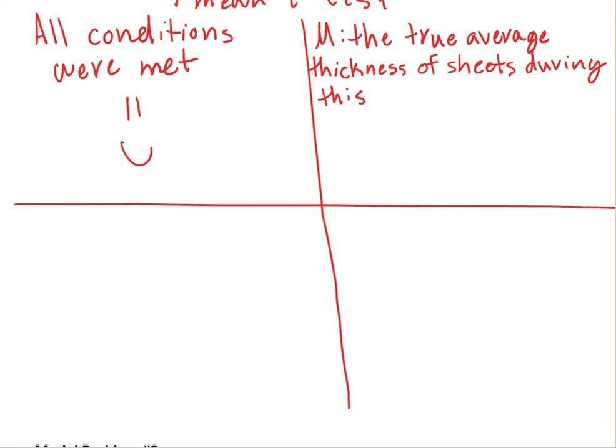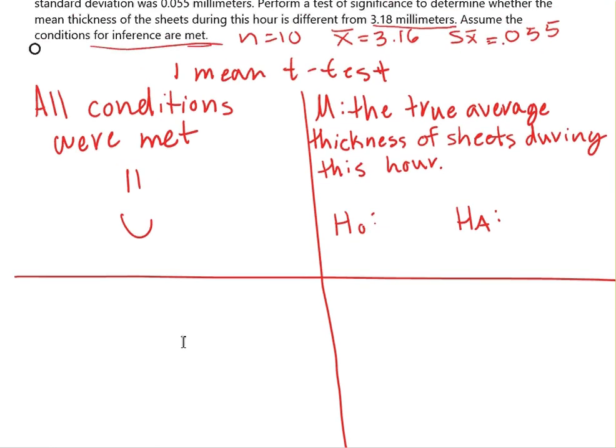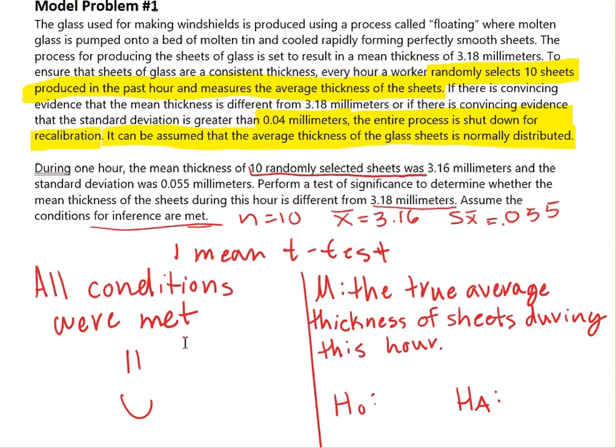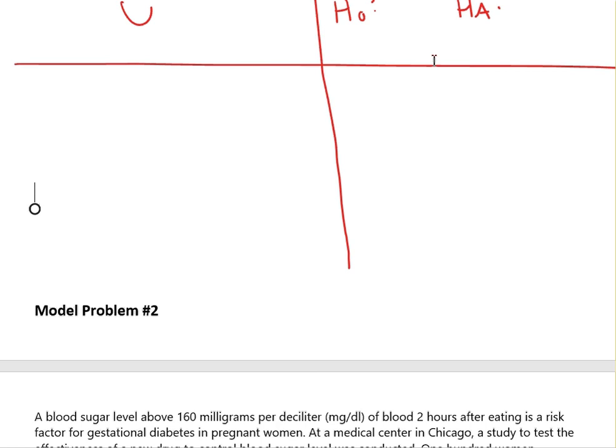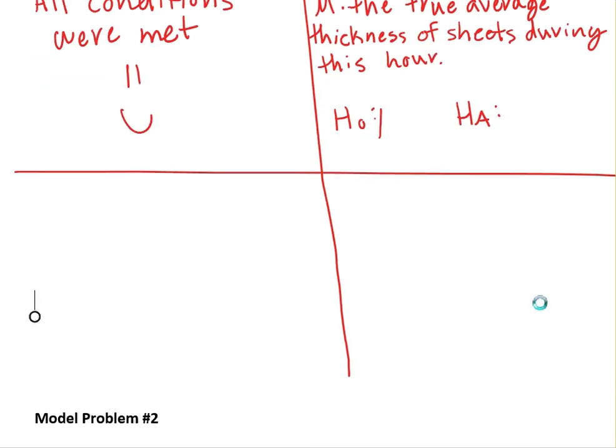Now, for our H0 and our HA, we want to go back and see what the company is claiming. The company is claiming that the mu should be 3.18 millimeters, and they stop the production if the mu is not equal to 3.18.